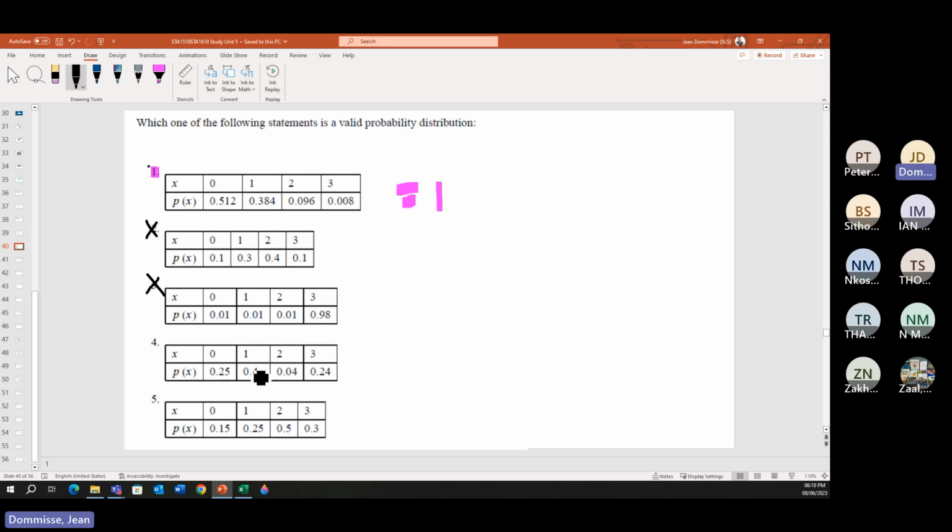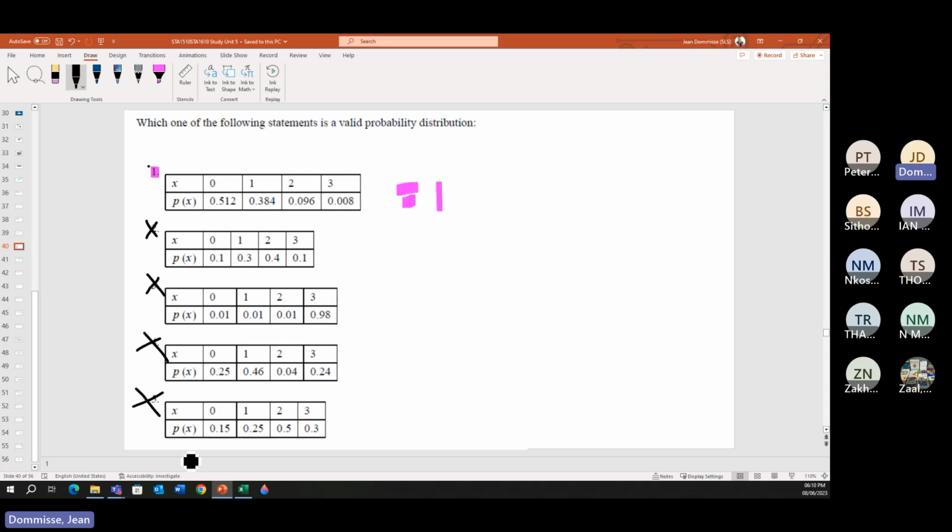Okay, that's 0.5, that's 0.99, so just short. 0.15 plus that is 0.4, plus that is 0.9, plus that is 1.2.